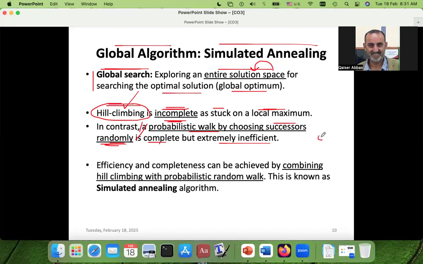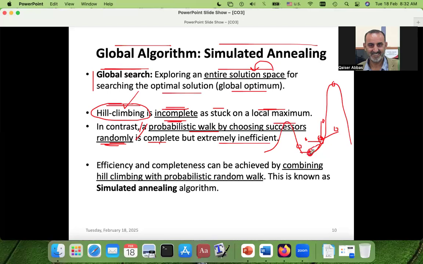Because if you have this state and the next neighboring states are maybe this one, and you want to reach this one. If you are at this state, I can select this one, this one, or this one randomly. If maybe the points are here, then I can also move this way.